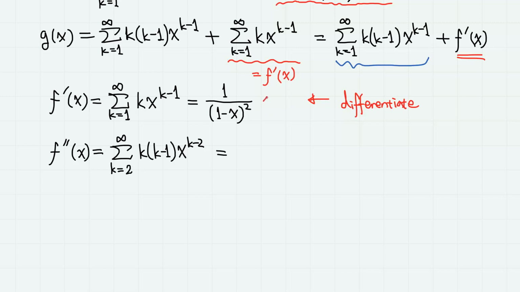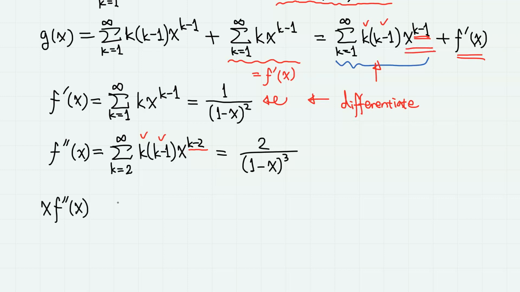And if we differentiate the right hand side, we have 2 over (1 minus x)^3. So we have k minus 1 x to the power of k minus 2 here. But here we have k times k minus 1 times x to the power of k minus 1. It has additional x. Therefore, we multiply x here.